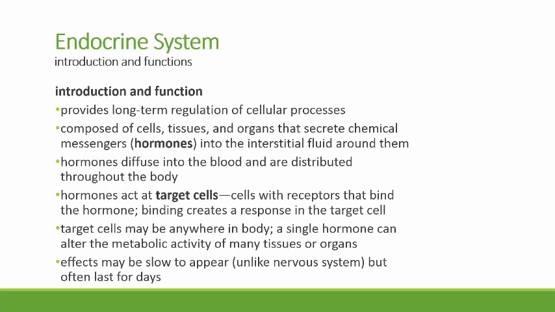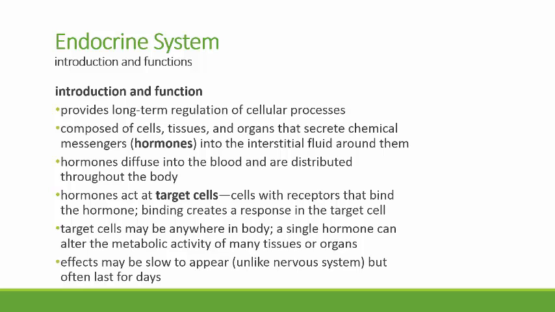So the endocrine system is the second way that the body provides regulation of the body. We talked about the nervous system in those 3 chapters in the very first semester of the course. The nervous system provides the short-term, rapid response control of the body.